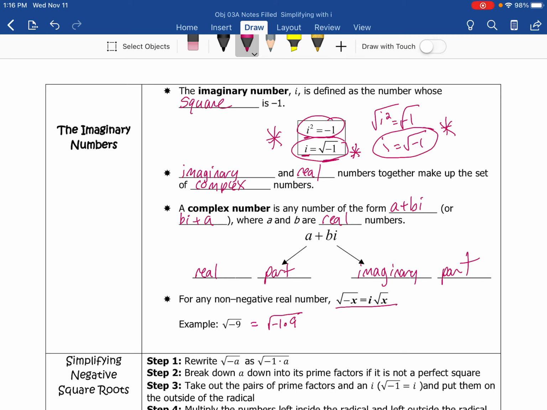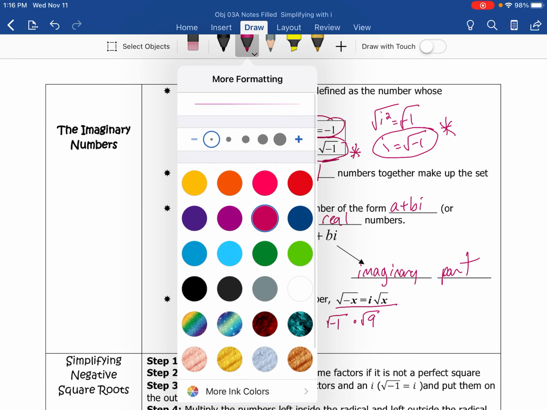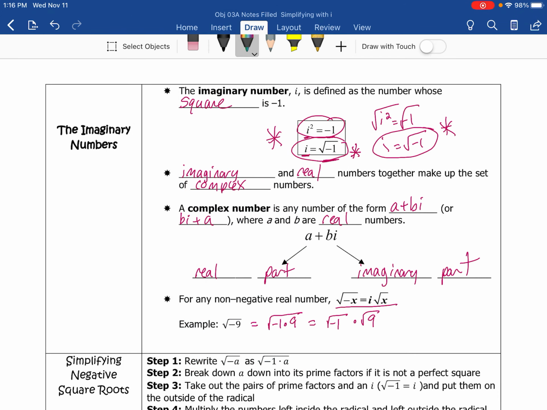Well, that's the same thing as the square root of -1 times 9, like we just did in the previous lesson, which is the same thing as the square root of -1 times the square root of 9. Now, as I said, back up here, I know that the square root of -1 is i, and I know the square root of 9 is 3. So my answer for this is simply going to be 3i. That's it. That's all you have to do to simplify.